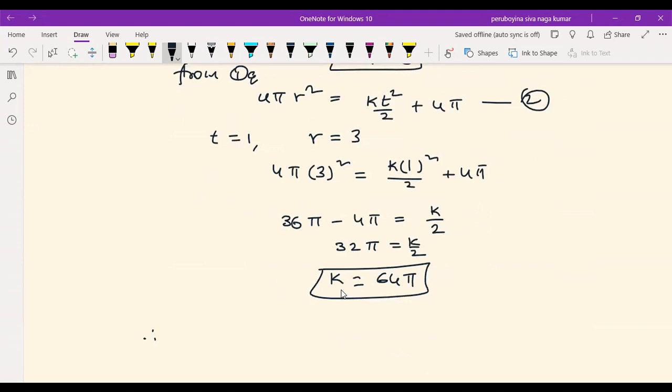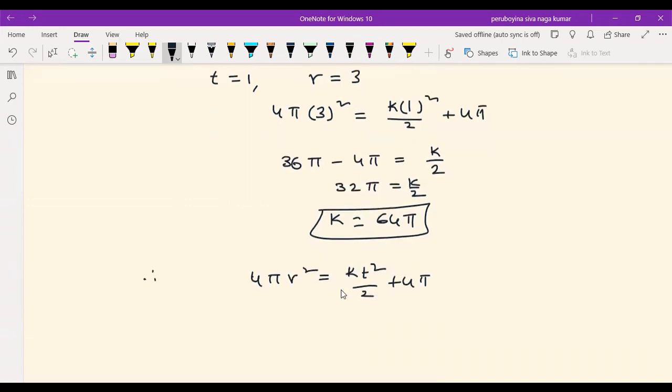Therefore, we can derive the equation now. From the first equation, 4 pi r square is equal to k into t square by 2 plus 4 pi. In this equation, we will replace the k value. So 4 pi r square is equal to 64 pi into t square by 2 plus 4 pi.